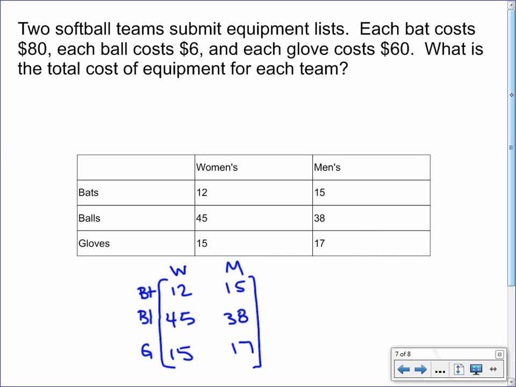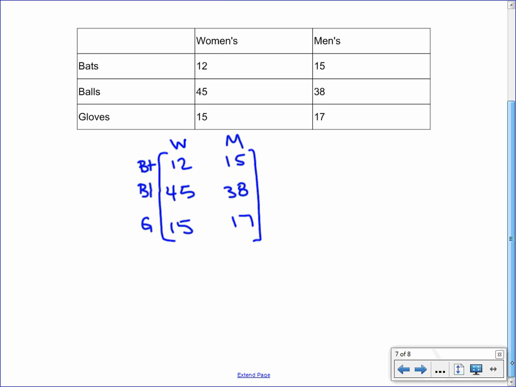Do we want a 1 by 3 or a 3 by 1 matrix? Okay. This is a 3 by 2. 1 by 3. 1 by 3 by 3 so that the 3s can match up with each other, right?